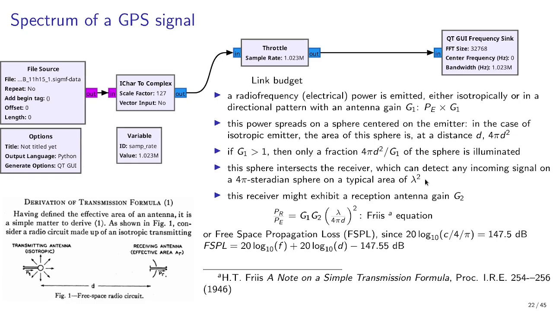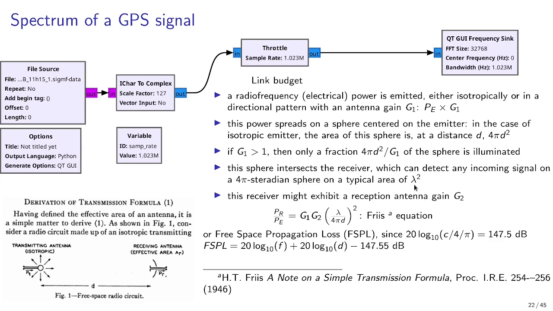Then the amount of energy recovered on the ground, the ratio of the received energy to the emitted energy, is lambda squared, the area of intersection with the sphere over which energy is spreading, 4 pi d squared, and this area is normalized to the 4 pi steradian area of the sphere surrounding the receiving antenna.